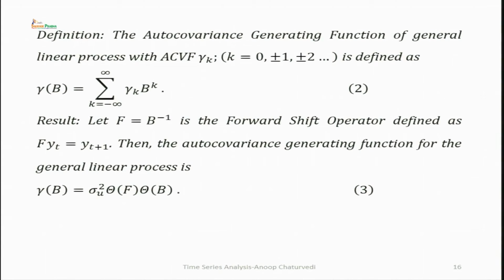Now, we define the autocovariance generating function. The autocovariance generating function of a general linear process with autocovariance function gamma k is defined as gamma(B) equal to summation k equal to minus infinity to plus infinity gamma k B to the power k. So, suppose now we prove this result.